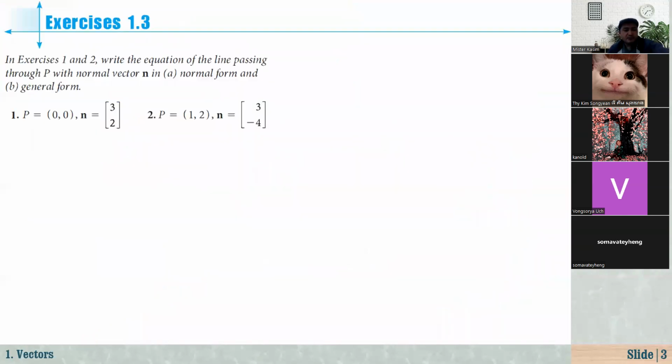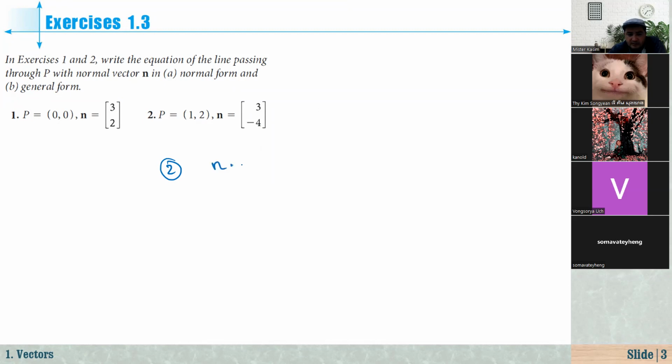Now let's see a few examples. In exercises 1 and 2, write the equation of the line that passes through P with normal vector n in normal form and general form. You already did this, okay? Again, since we're doing revision, let's just do only the second part, all right? Since the line is passing through this point, what is the normal form of the line?